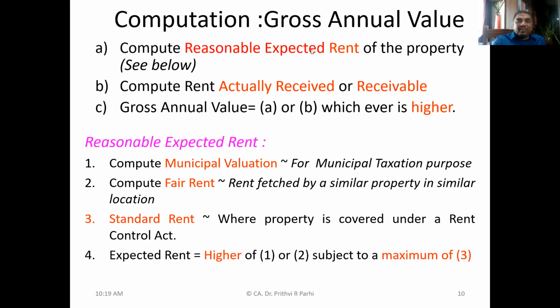Once that is computed, you compare it to the actual rent and find out whichever is higher. But this reasonable rent computation is important. Did you understand? Municipal value, fair rent, then standard rent. Municipal value or fair rent, whichever is higher, but that should not exceed standard.